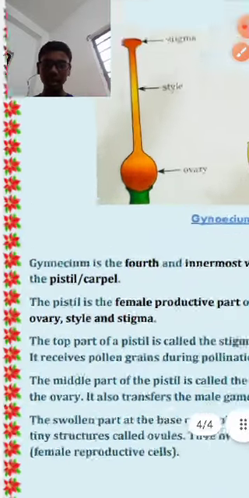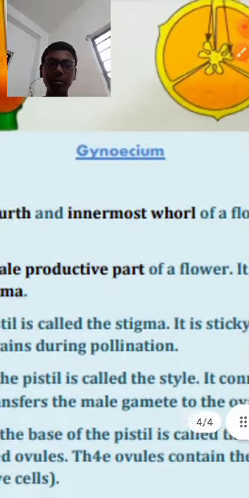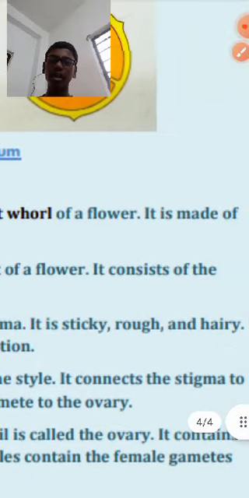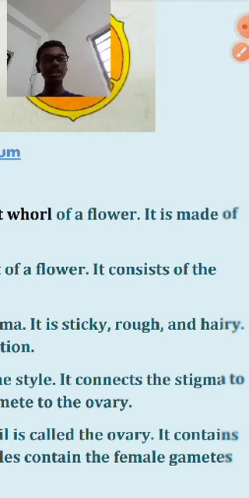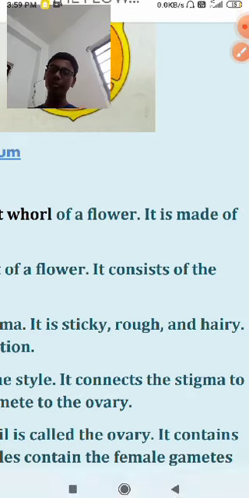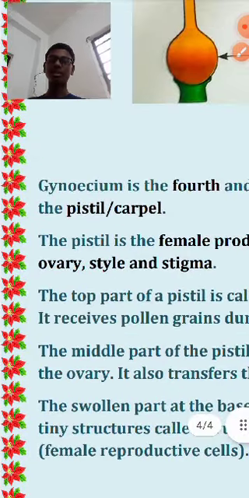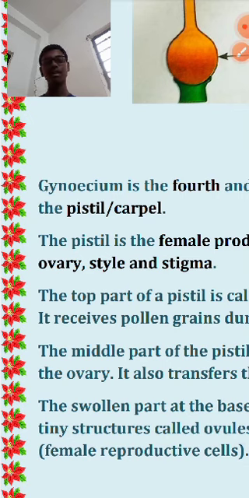The pistil is the female reproductive part of a flower. Gynoecium is the female reproductive part. It consists of the ovary, style and stigma.